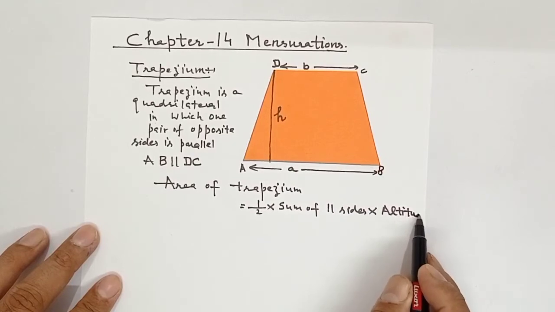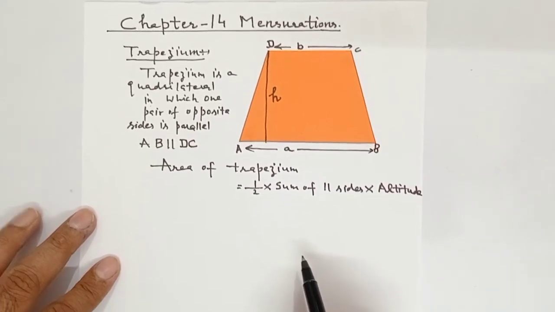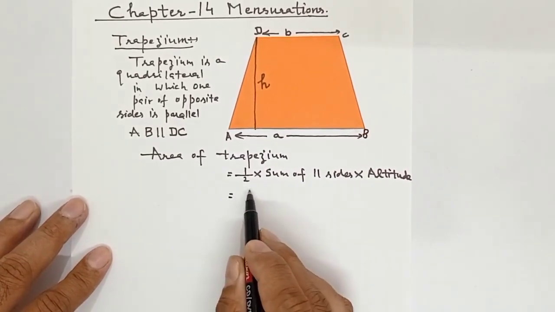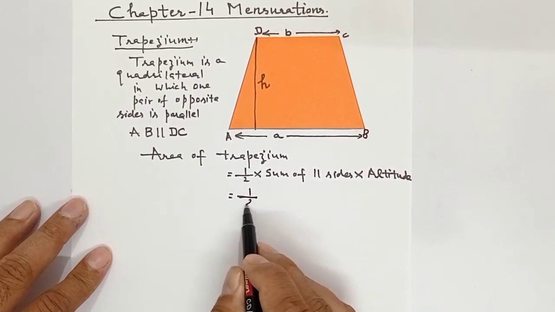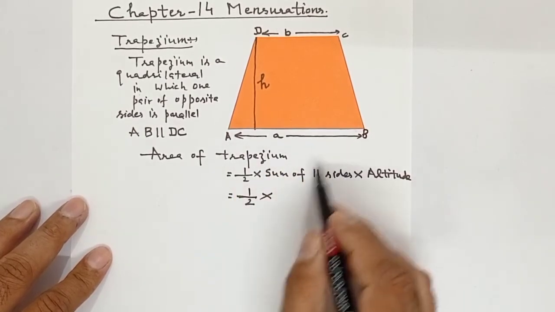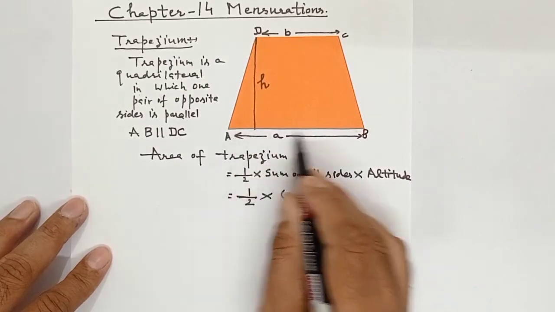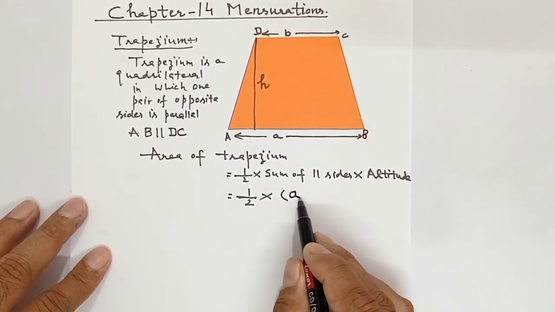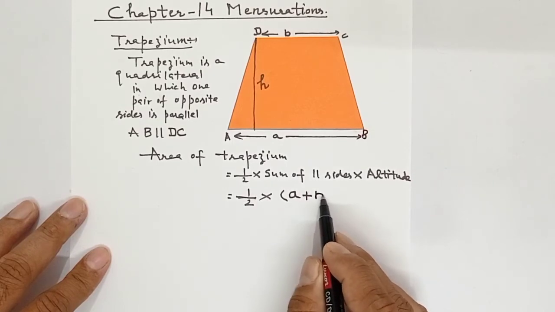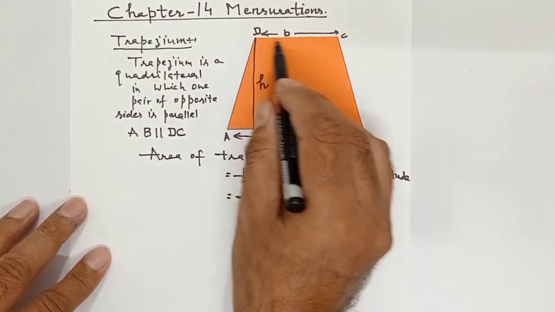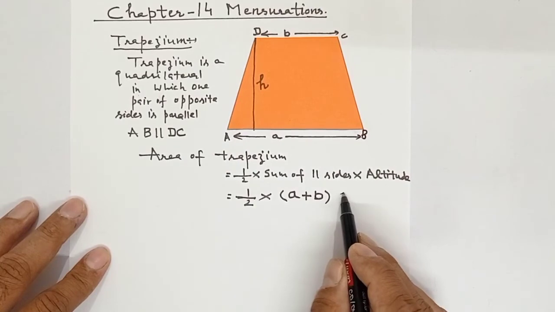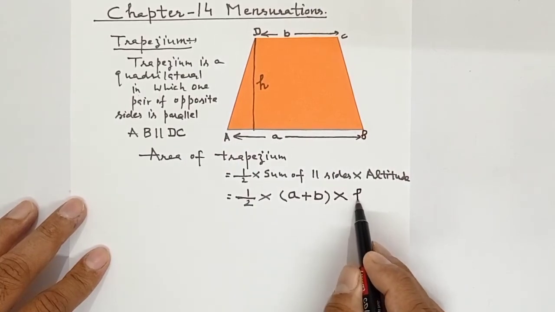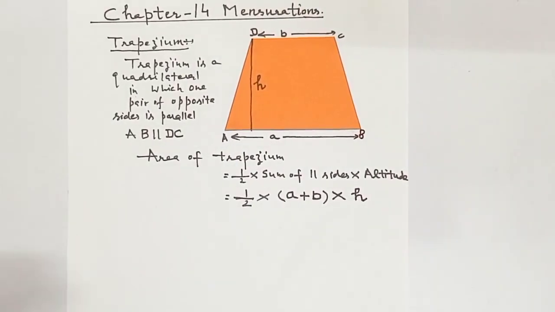To altitude we can say height also. And how we will write now? 1 by 2 and sum of parallel sides. What are the parallel sides? AB and DC. So it is a plus b, to AB we have assumed small a and to DC we have assumed small b, into h. So this is the introduction of trapezium.